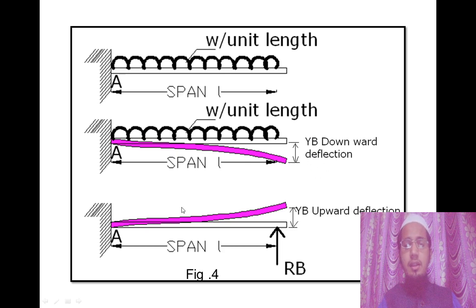In the second case, we assume there is no UDL or transverse load, but it is subjected to the upward prop reaction, and the beam is allowed to deflect. Now there will be upward deflection at end B, that is, YB will be upward.